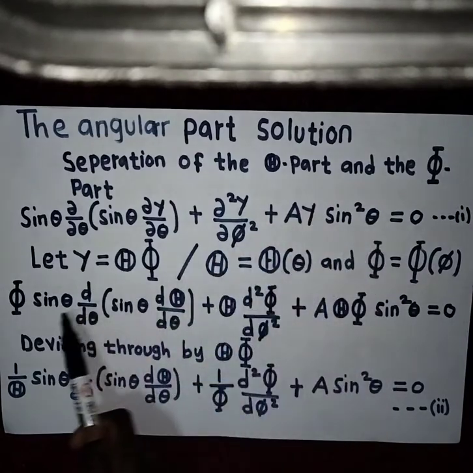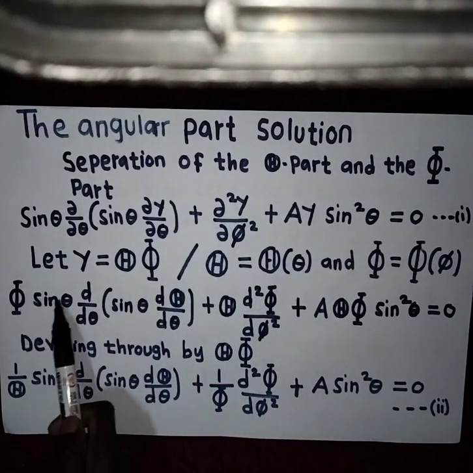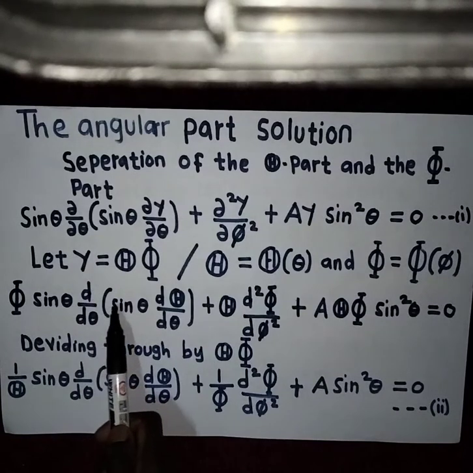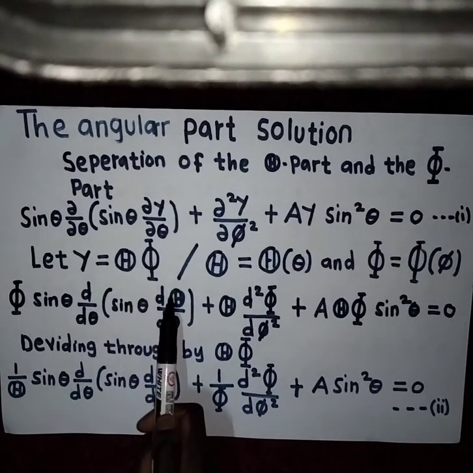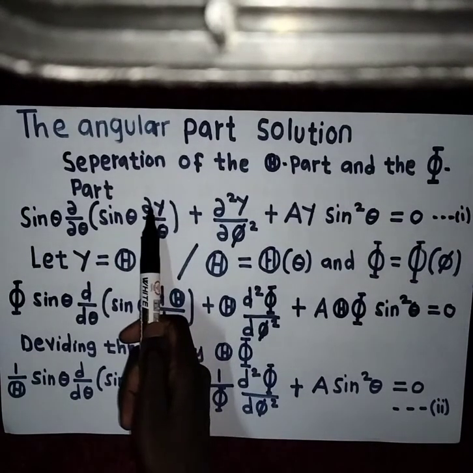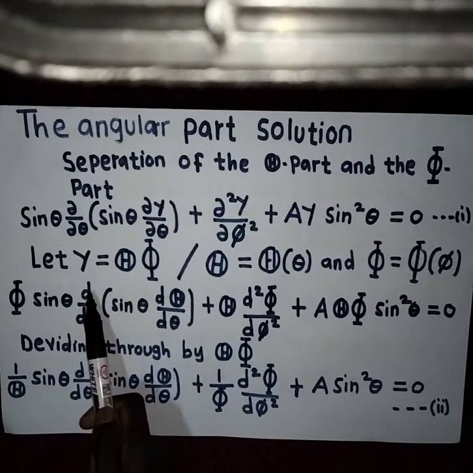If I do that, I'm going to have phi sine theta d theta. But remember, now that I have theta only, I change it to a full derivative. Now I'm not going to have a partial, I come to a full derivative.